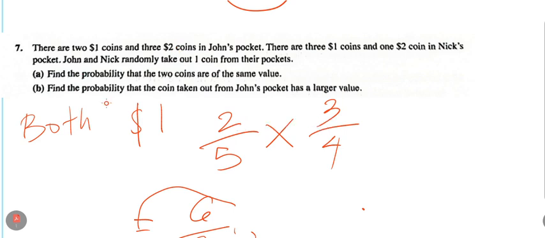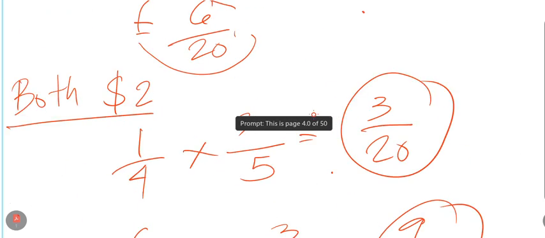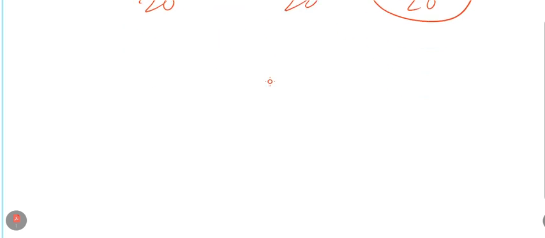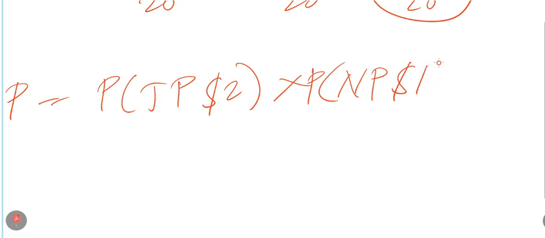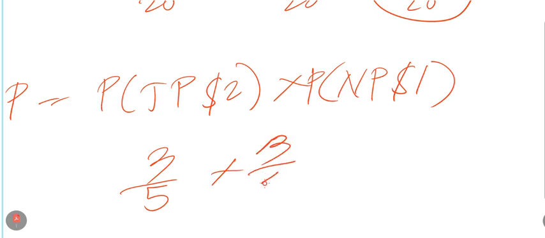Now for part B, find the probability that the coin taken from John's pocket has a larger value. To solve for that, we have the probability that John picks a $2 coin times the probability that Nick picks a $1 coin. That's 3 out of 5 times 3 out of 4, which is 9 out of 20.